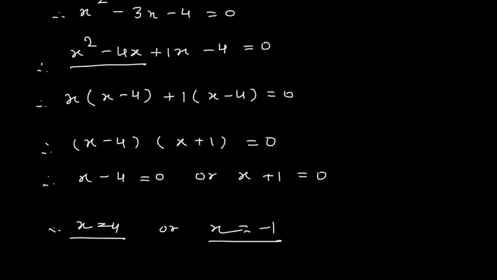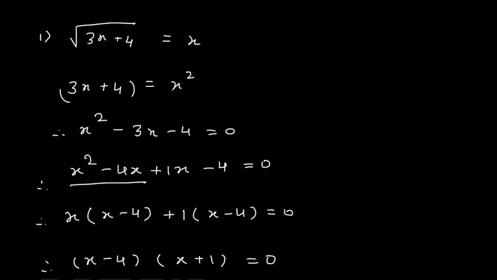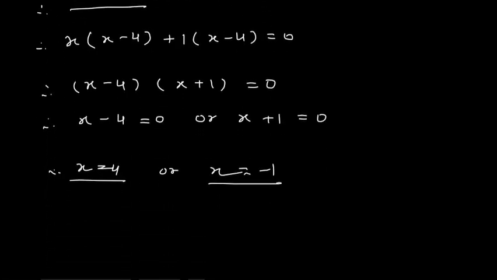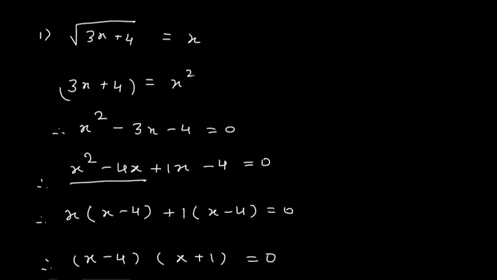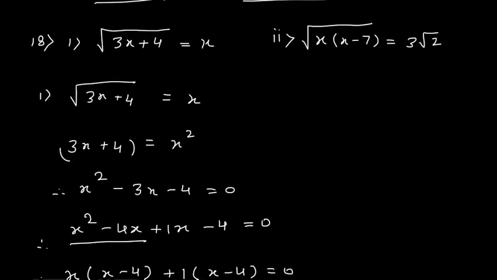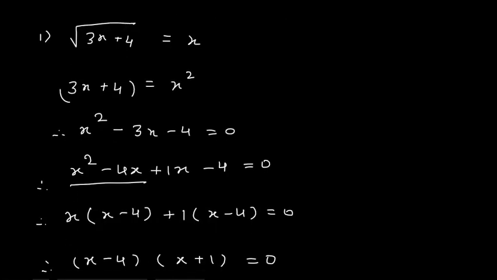So the value of x is 4 or the value of x is minus 1. Now if we take x equal to 4, so 4 3s are 12, 12 plus 4 is 16. The square root of 16 is 4, so this is okay. Now if I take x equal to minus 1, so 3 into minus 1 is minus 3, minus 3 plus 4 is 1, but the square root of 1 is not minus 1. Here it is a square root.